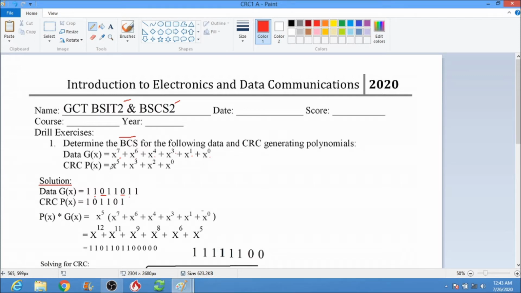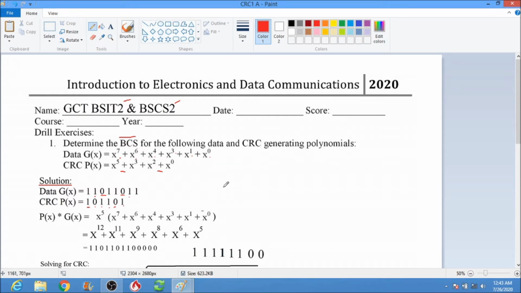For the CRC P(x), x raised to 5 is 1, x raised to 4 is 0, x raised to 3 is 1, x raised to 2 is 1, x raised to 1 is 0, and x raised to 0 is 1.